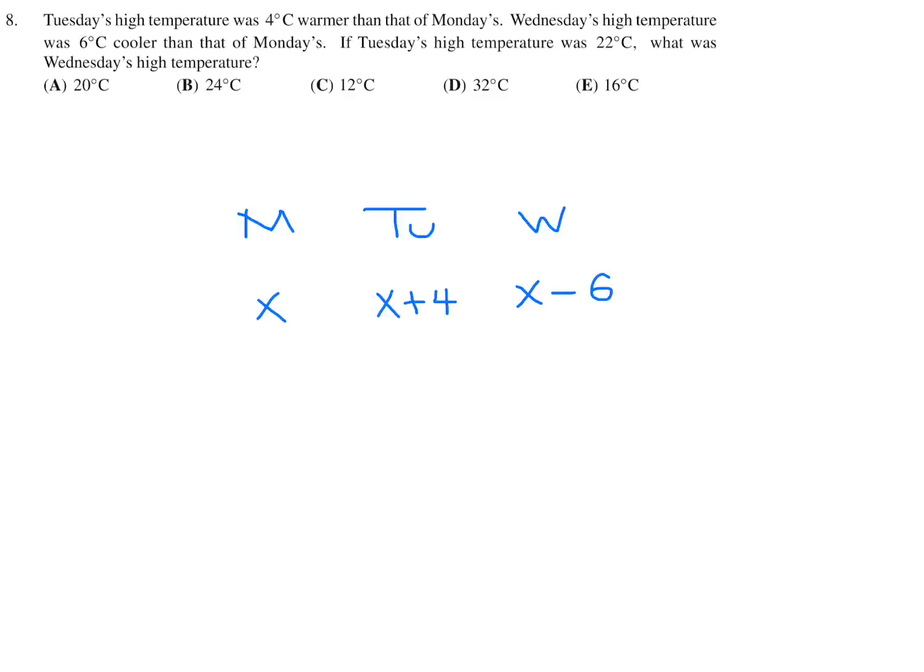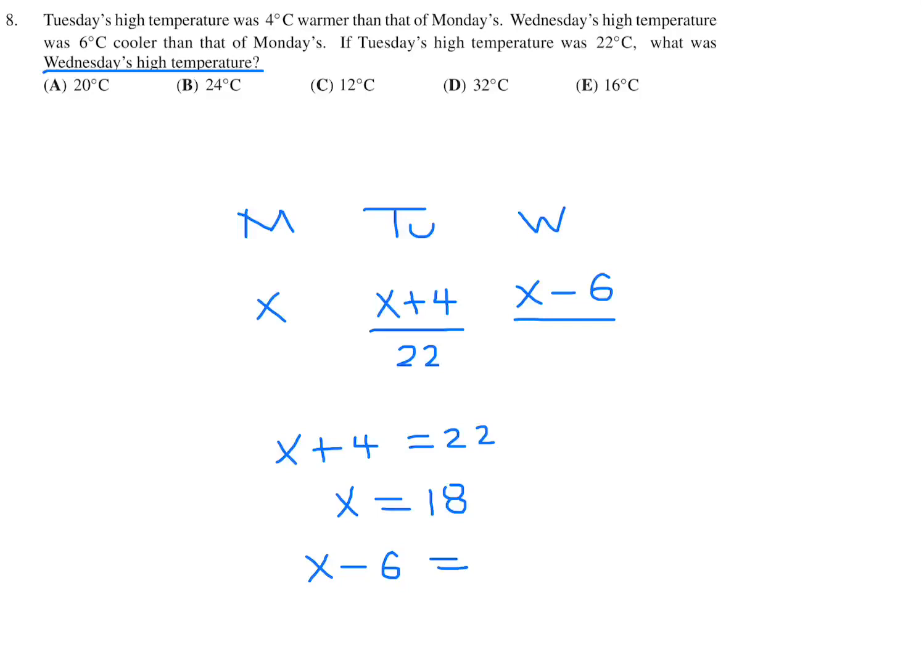If Tuesday's high temperature was 22, what is Wednesday's high temperature? So they're telling you that this is 22. So that means X plus 4 is equal to 22, and therefore X is 18. And they want you to find Wednesday's high temperature. Wednesday is X minus 6. So X minus 6 would be 18 minus 6, which is 12. So number 8, the answer is 12, which is choice C.